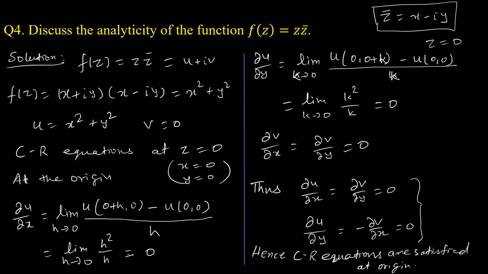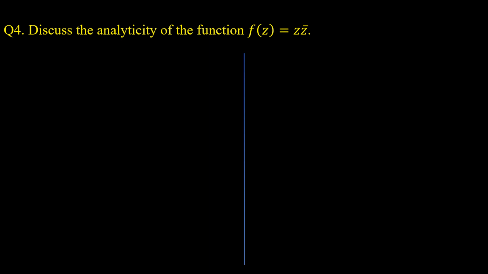Now what we got here is that the CR equations are satisfied. Now we have to show that this derivative exists and is continuous here. So we find f dash at z equals 0.